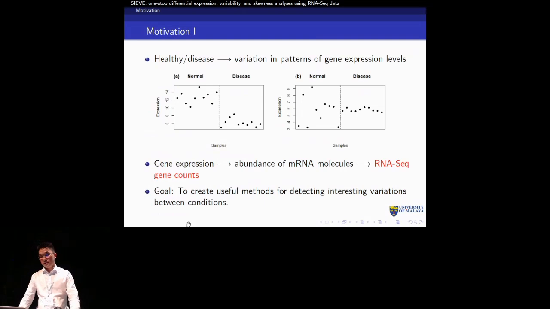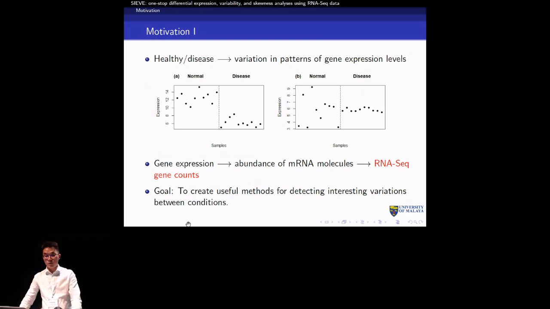In medicine, the patterns of gene expression are different between a person who is in a healthy state and in a disease state. Currently, RNA-Seq is one of the most common technologies for analyzing the transcriptome of tissues.